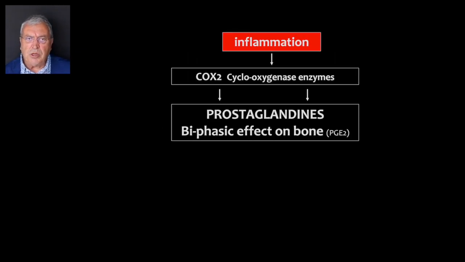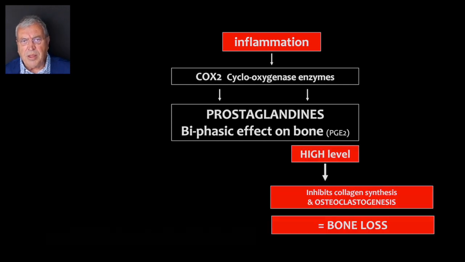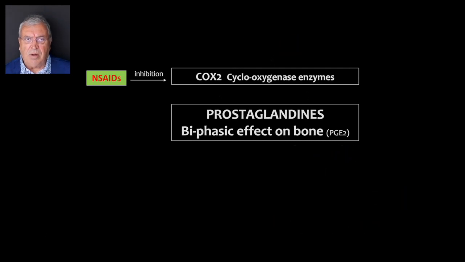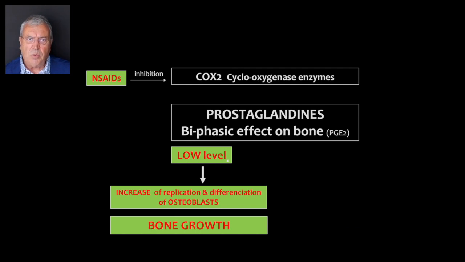Inflammation induces production of prostaglandin through the cyclooxygenase enzymes, and when the prostaglandins are at a high level, they will induce bone loss. On the other hand, because there is a biphasic action, if the prostaglandins are at a low level with non-steroidal anti-inflammatory drugs, then we will get bone growth.